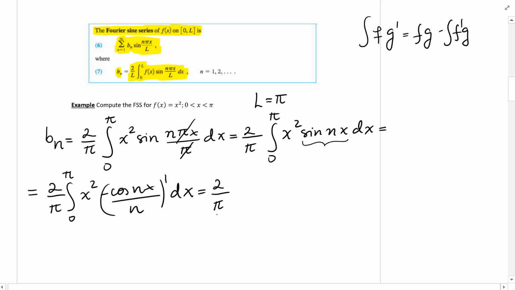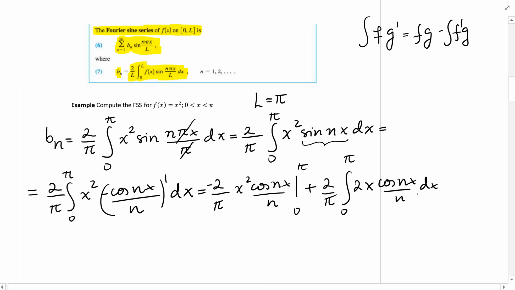So we get 2 over pi x squared cosine of nx over n, and there is a minus there, from 0 to pi, and then plus, because there is a minus but with this minus, 2 over pi integral from 0 to pi of x squared prime, which is 2x, cosine of nx over n dx.